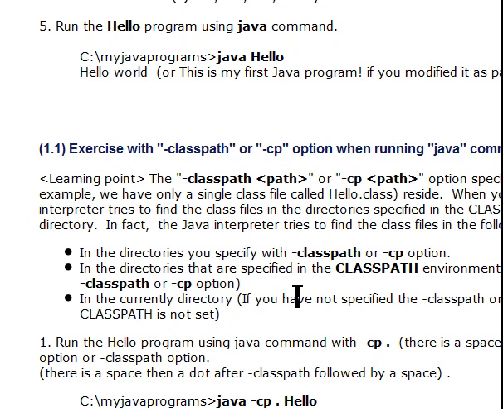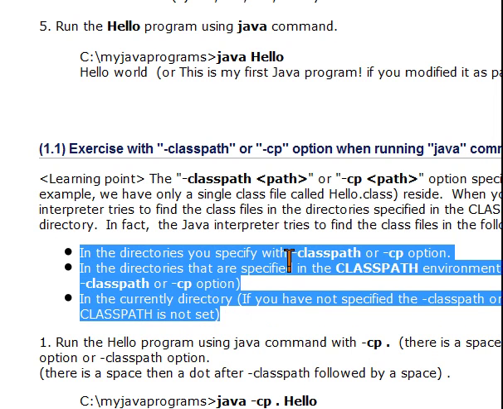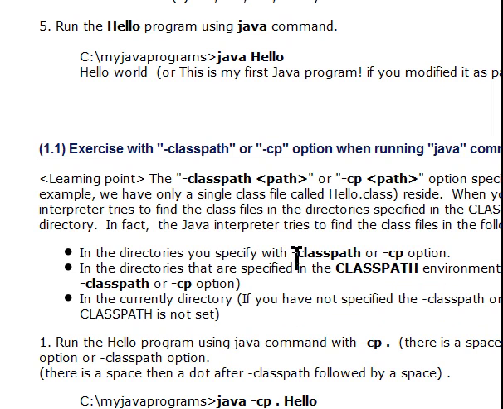The Java runtime will search for your class files in this sequence. First, it will check whether a class path has been specified along with your java command, with the -classpath or -cp option. If this has not been specified, then it will take a look at the class paths specified in the CLASSPATH environment variable.